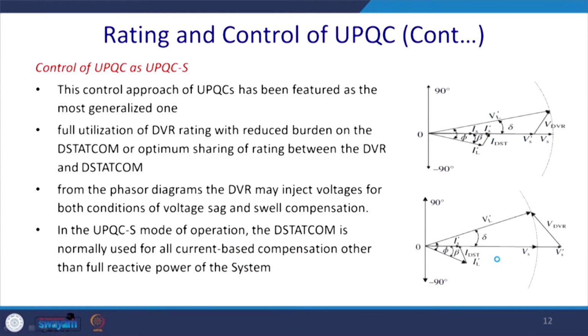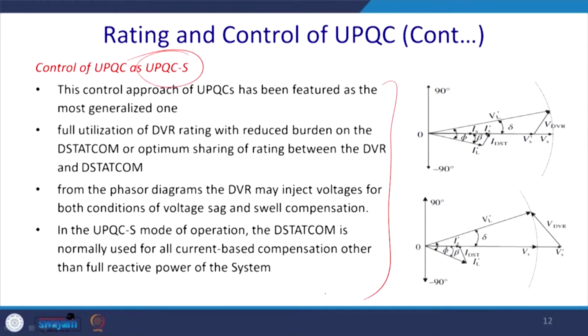Now, this is the phasor representation of it, but this is for the S type, where you try to optimize the overall KVA rating of the UPQC. Generally, in case of the Q, your D StatCom rating is low, but the power rating of the DVR is high.